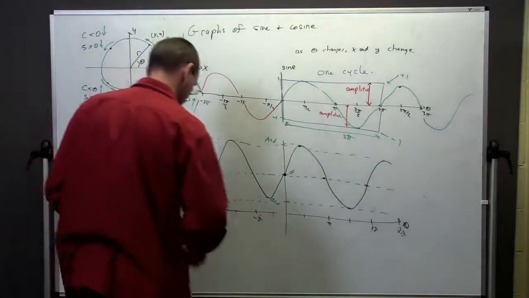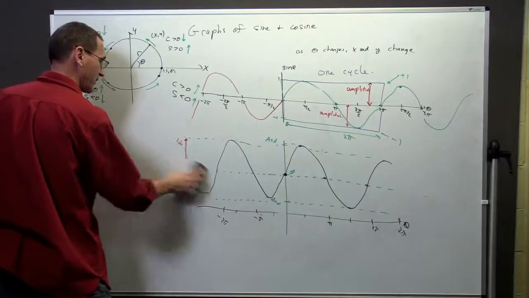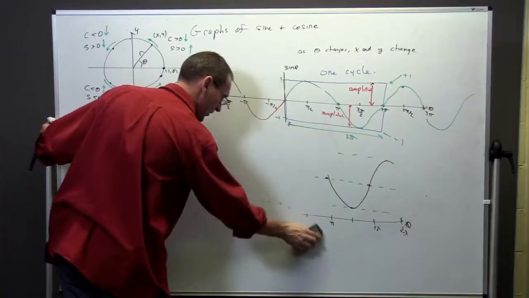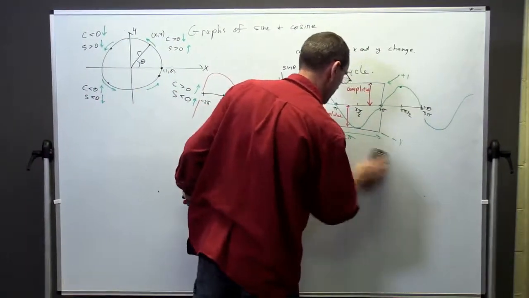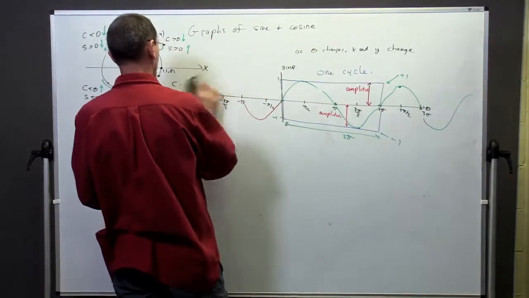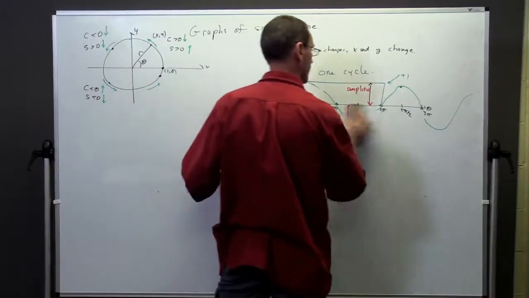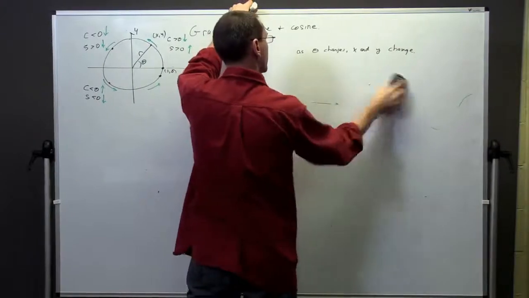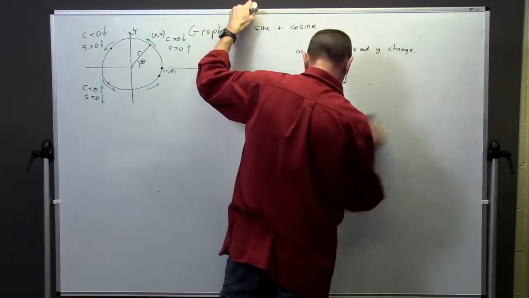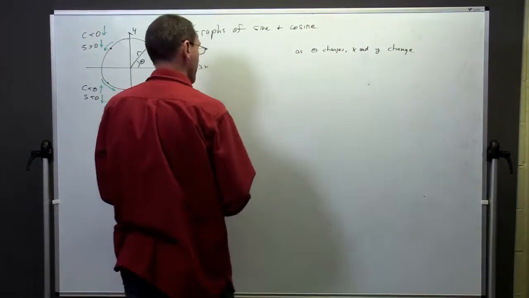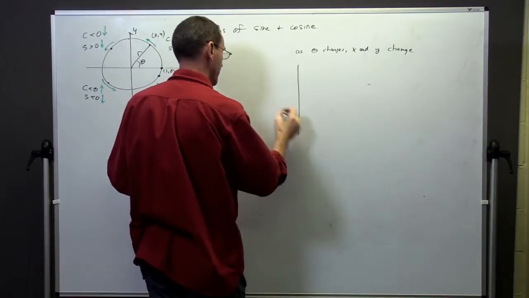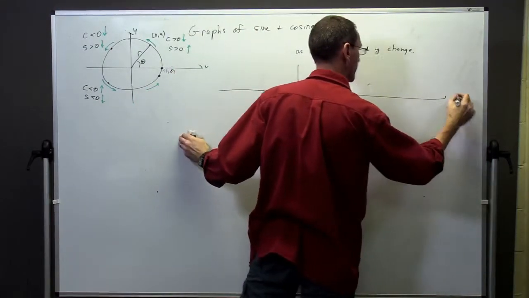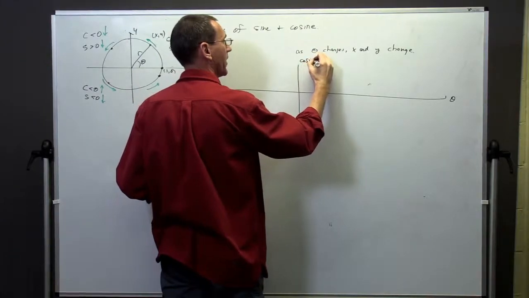Okay, what happens with cosine? So let's back up and ask what happens if we shift or scale the cosine function vertically. So we redo this. So this is going to be the cosine.